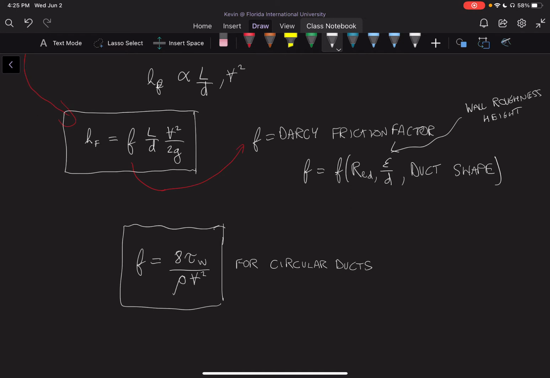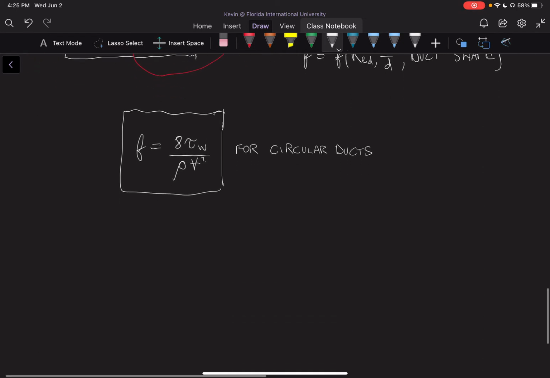Okay, so now let's look at an example of fully developed laminar flow. Now that we have a term for friction and all these different things, we can start determining what fully developed laminar flow is going to give us in terms of our analysis.